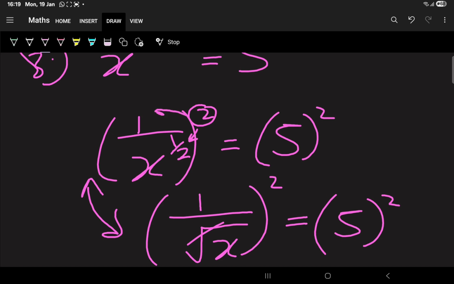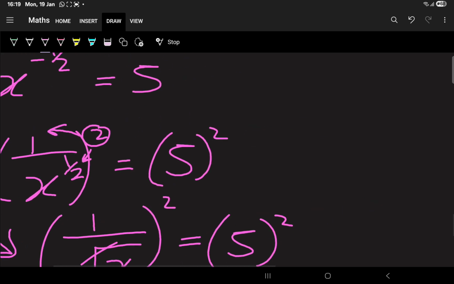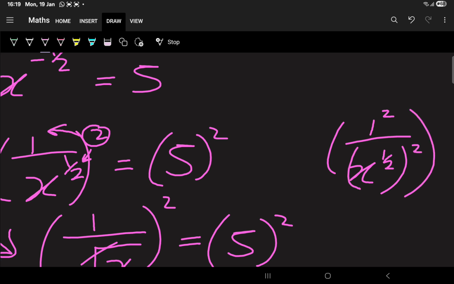It will distribute, so this will be the same as saying 1 squared over x to the 1/2 squared, so it's more of a distributive. Then this will simplify to 1 over, the index 1/2 and 2 here will multiply, leaving 1.